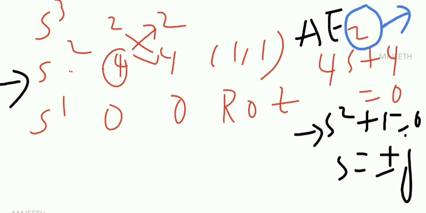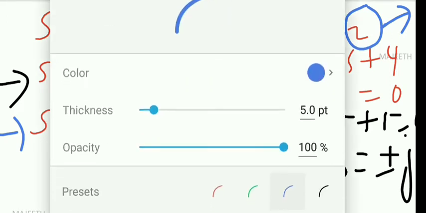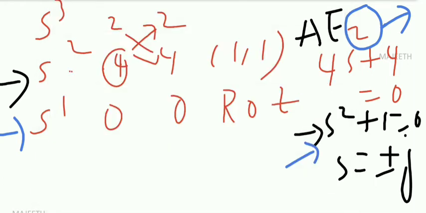How can I write the row of S? Now we have to differentiate this factor. If you differentiate S squared, it will become 2S. So 2S plus 0 is equal to 0. So S1 will be 2 0.